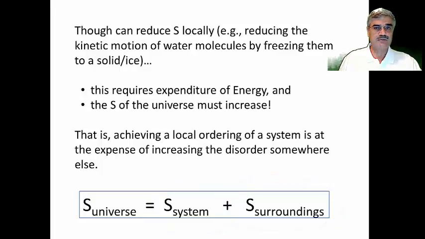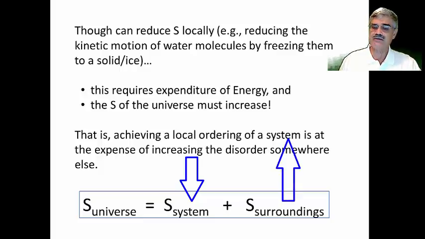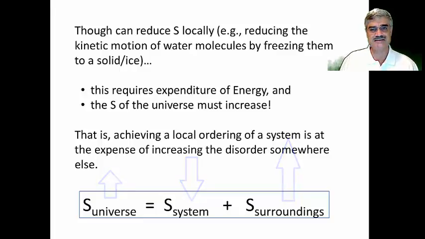So if, through an expenditure of energy, we bring about a decrease in the entropy of a system, for example, inside of our refrigerator, lowering its temperature, freezing water to ice, we can lower entropy locally in our system if there is an increase in entropy in the surroundings. So if one goes down, the other must go up by a larger amount because the sum must be positive. There must be an increase in entropy of the universe in any spontaneous process. That is what the second law tells us.